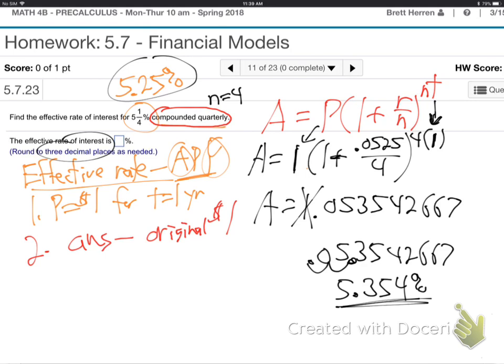It's really 5.354. Is that all coming out okay? Any questions on that? So there's for sure one of these on the exam. Effective rate, and Math Excel does it. They do, if I remember right, something crazy.